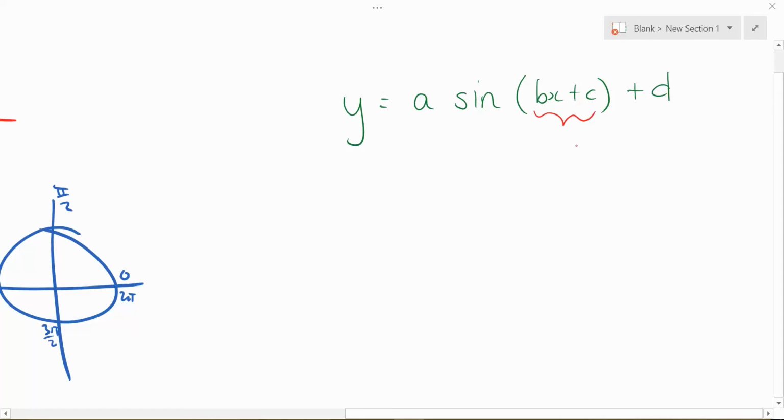This tells me it moves left or right. D still tells you up or down. A tells you the vertical stretch, which we called the amplitude. So A tells you the amplitude, so thin or wide. Okay, so I'll write here thin or wide, and reflection as well.